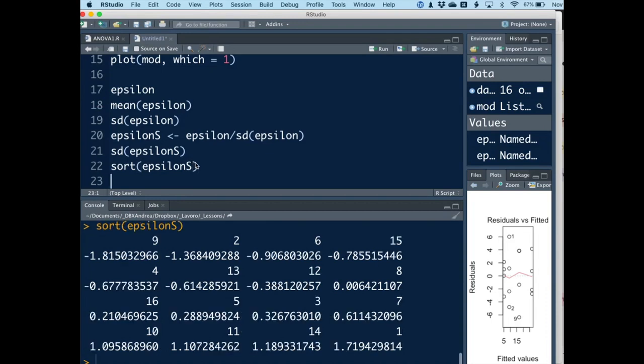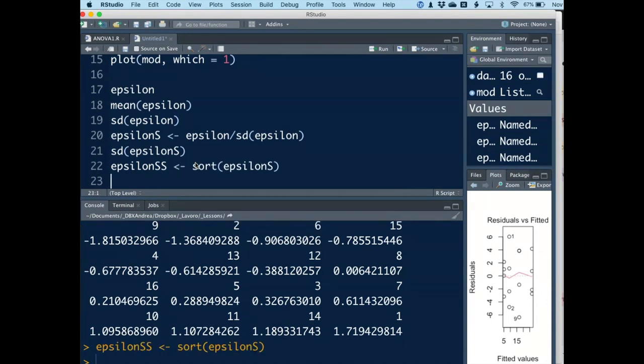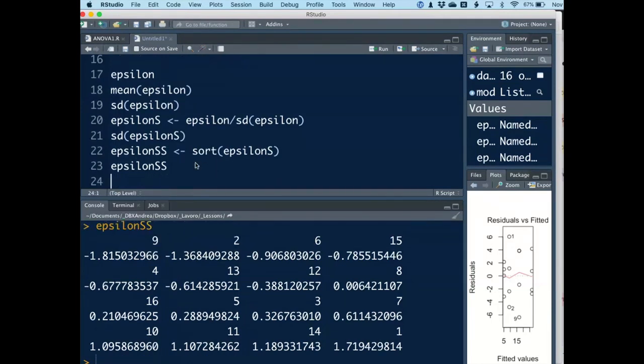So we put them in increasing order. Let me write epsilon SS, standardized and sorted. So here are our residuals, standardized and sorted.